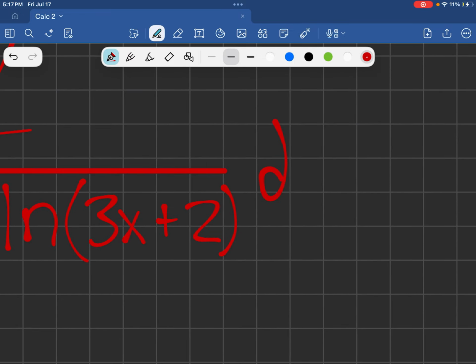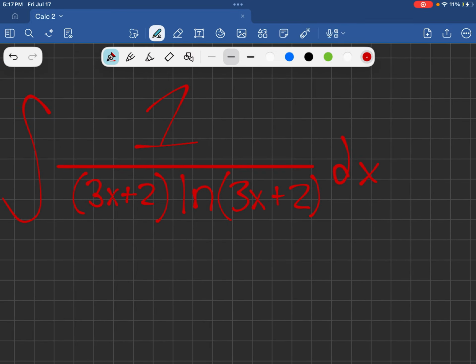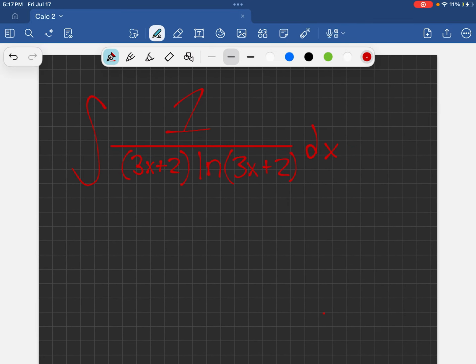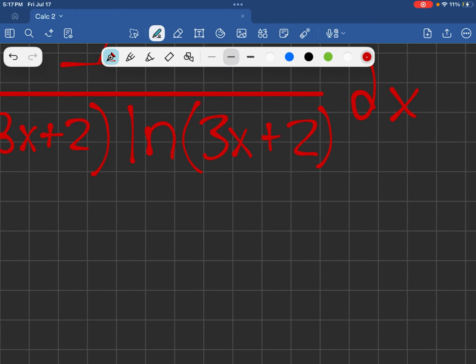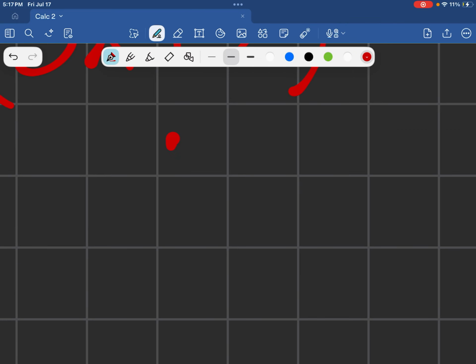Integrate this with respect to x. So yeah, you really don't have much of a choice here. Kind of see this 3x plus 2. That's going to be u. So u equals 3x plus 2.